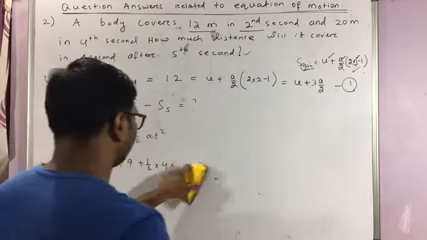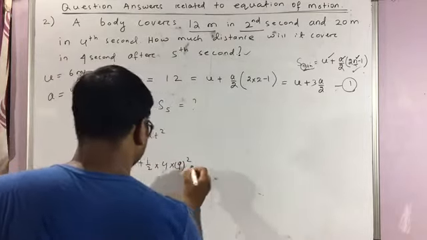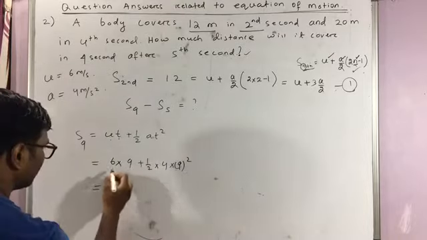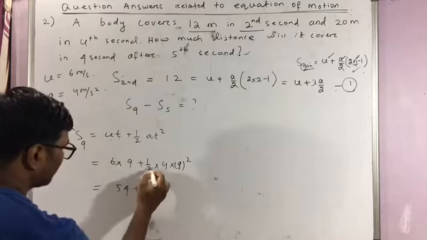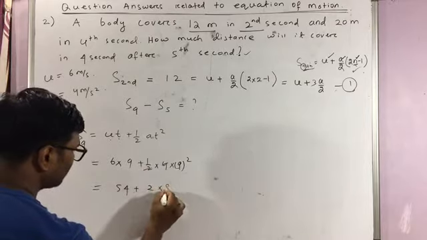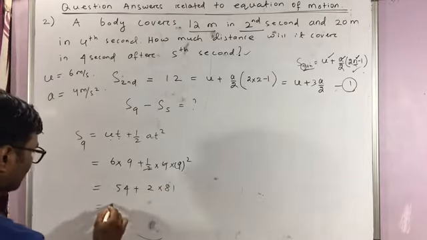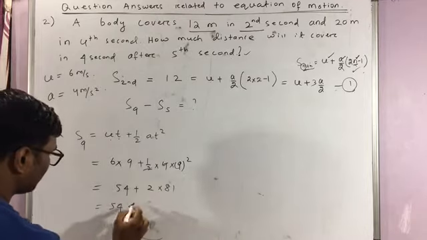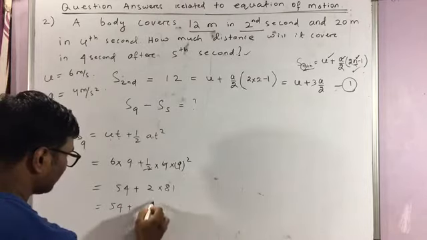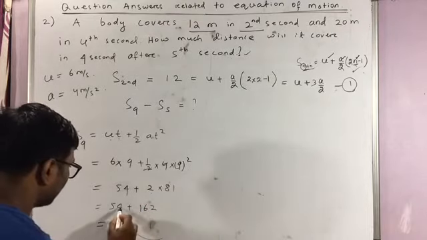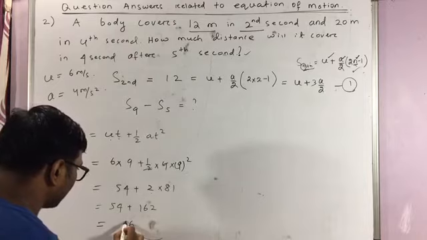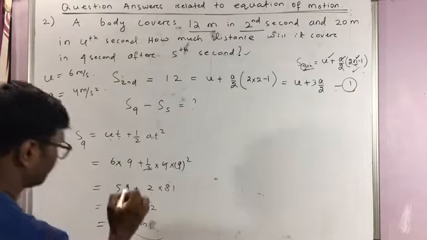So it will be 54 plus 2 into 81, which is 54 plus 162. Now you can add these two, so this is 216 meter.